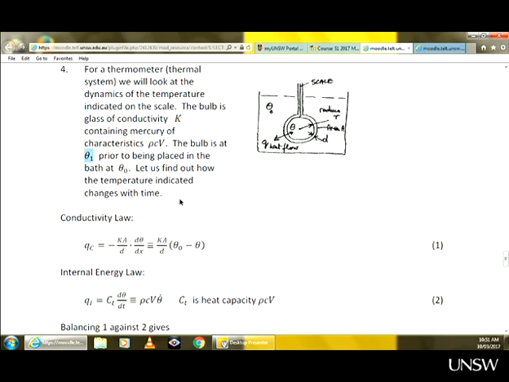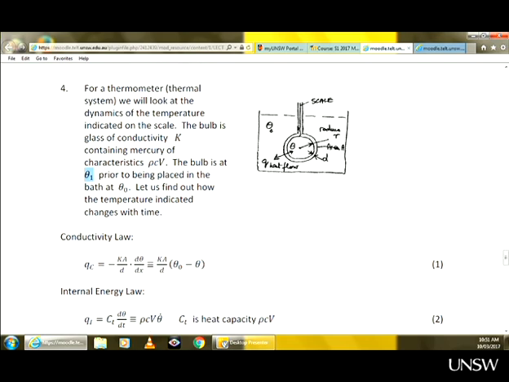Okay, so once you place your thermometer inside the hot fluid, heat will flow through the glass wall and heat the mercury in there. As a result, the mercury will expand and move up the scale here. Okay. So what we want to write here is an equation of thermal balance. If this sphere is our control volume, we identify all rates of heat in.